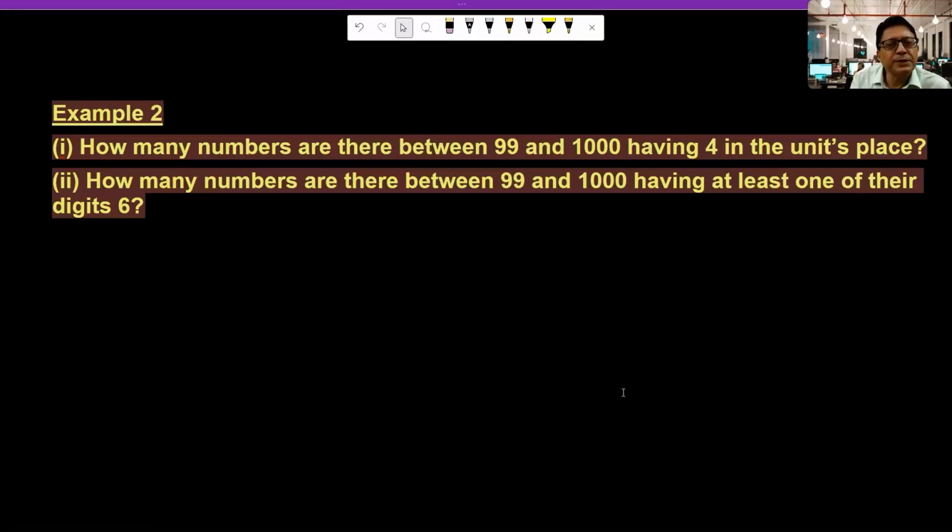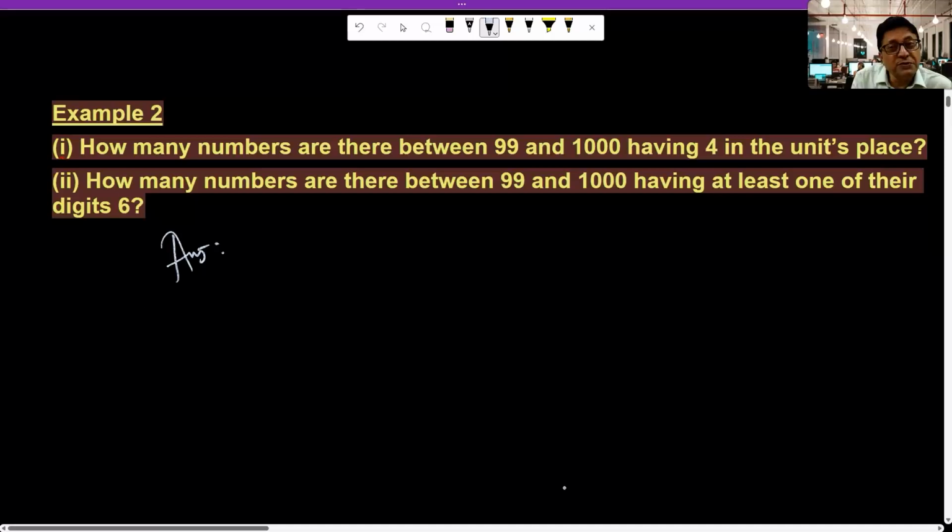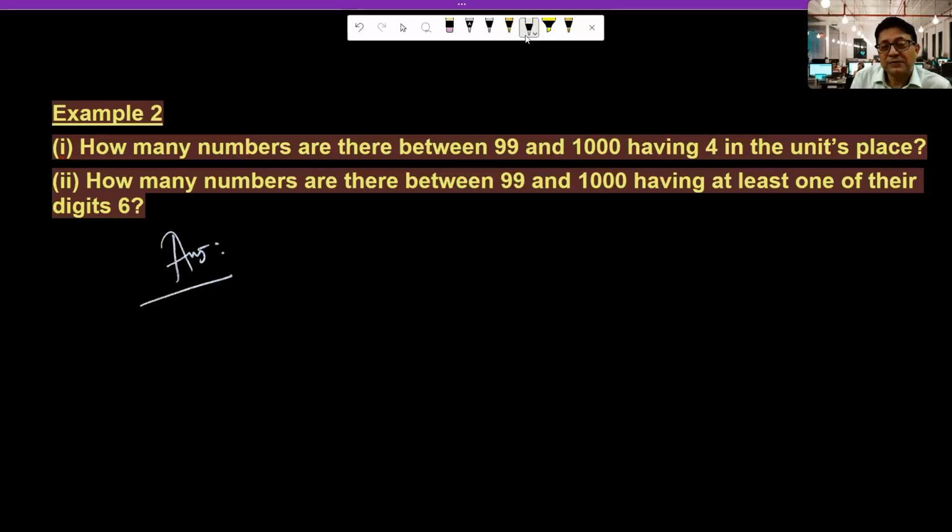If you don't use the fundamental principle of counting, then how will you solve it, do you think? I am doing it with the help of the fundamental principle of counting.